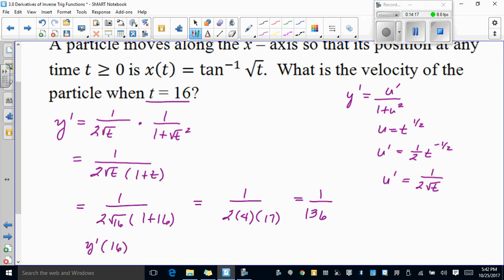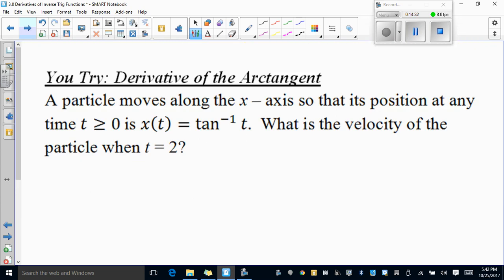Okay, let's try another one. Arctangent again, so y prime equals u prime over 1 plus u squared. And I would highly suggest that every time you do a problem, you write this down because it needs to get in the brain. So in this case, u is equal to t, u prime equals 1.